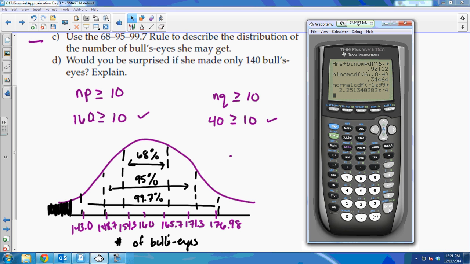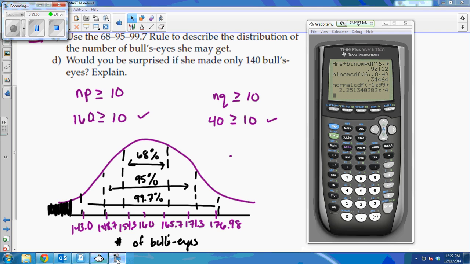If this middle part is 99.7%, or 0.997, so there's only 0.3% left to split between the two halves. Negative infinity to 140. So you would say something about it being more than 3 standard deviations away from the mean, or you could say something about how it's only this probability that it could happen, that kind of thing.